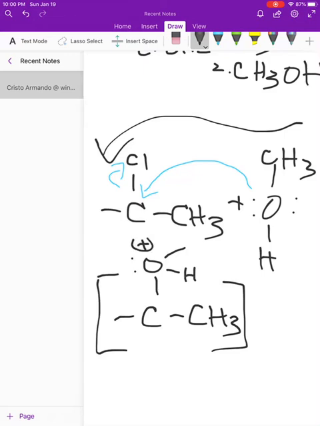So it's going to have a positive charge because usually hydrogen likes two lone pairs and two bonds, but it's not having this right now until a water molecule just comes and takes away this hydrogen, thereby giving back the lone pair here.